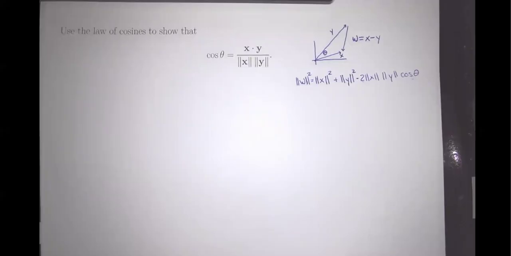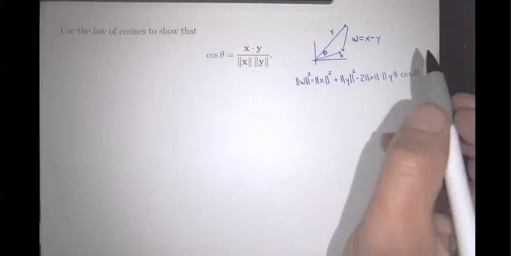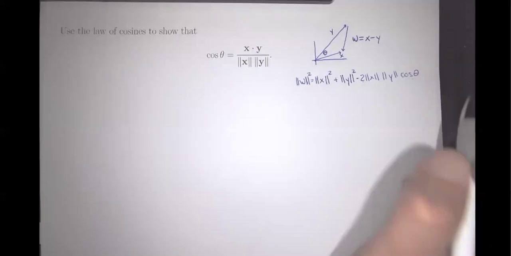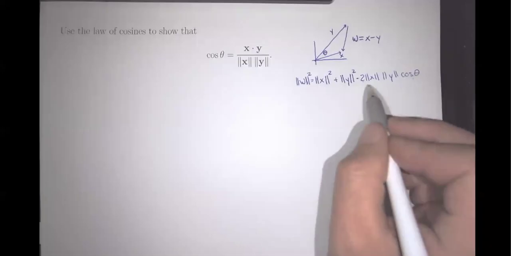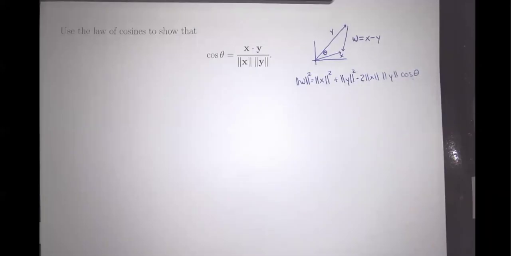When the angle isn't 90 degrees, then of course this doesn't go away. Okay, so we've got this formula that relates x and y and w.